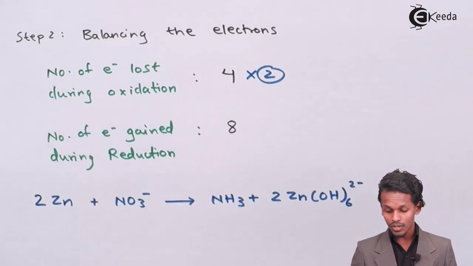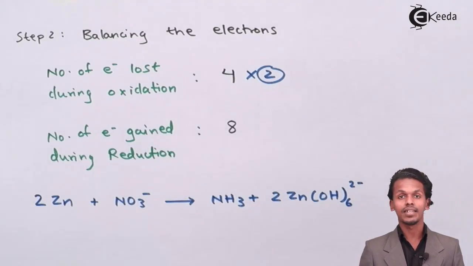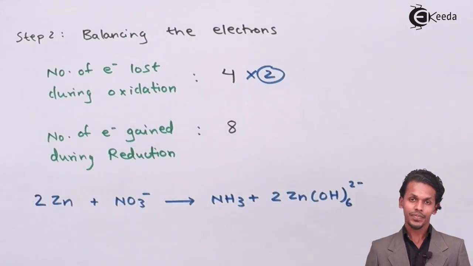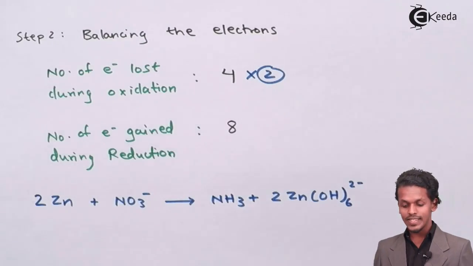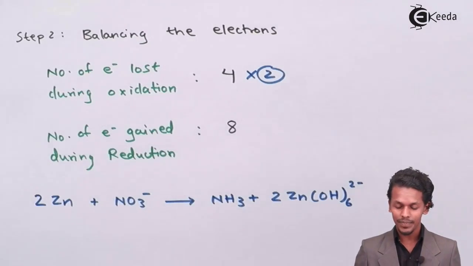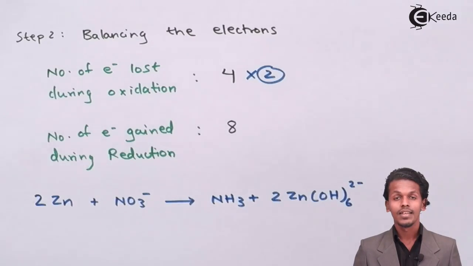So this is what we have calculated for the balancing of electrons. So let us move further. This was the second step, and step number 3 would be, yes, calculating the oxygen atoms.